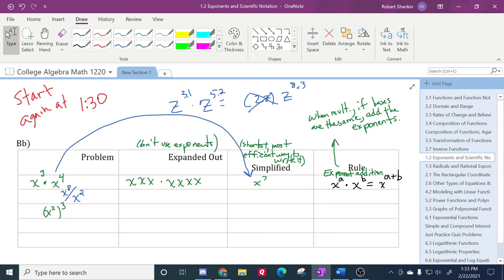And group 6, for this first one, x to the 8th over x squared, what does it look like expanded out? How did you expand out x to the 8th over x squared? Just 8 x's over 2 x's.